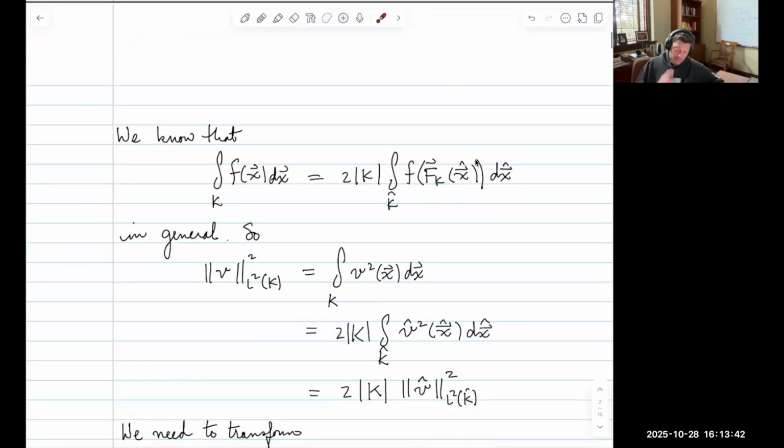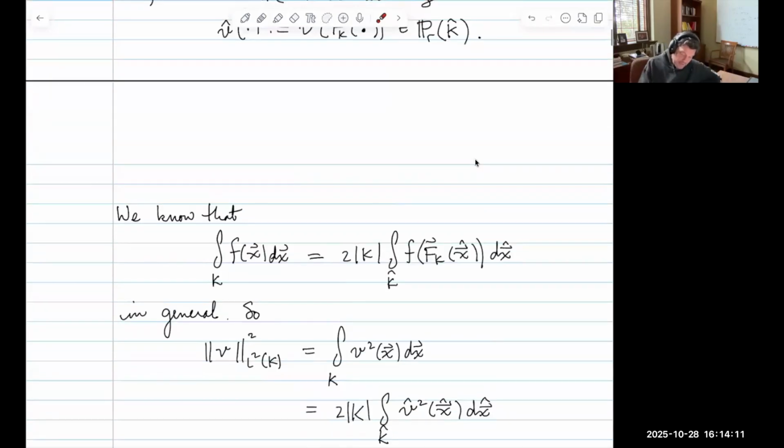Okay? But now we know by a formula that if I want to find the integral of f over K, then that's the same as twice the area of K, where K is just some non-degenerate triangle in my mesh, times the integral over the reference triangle of f composed with F_K.